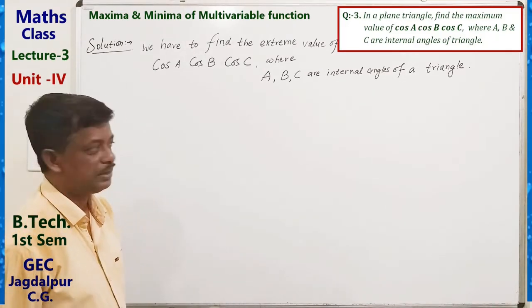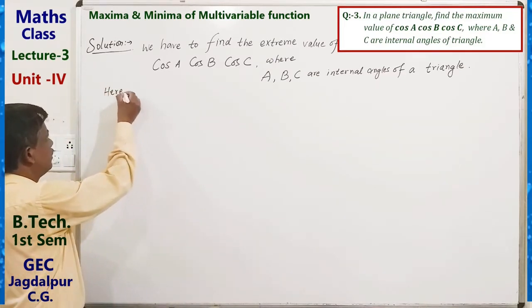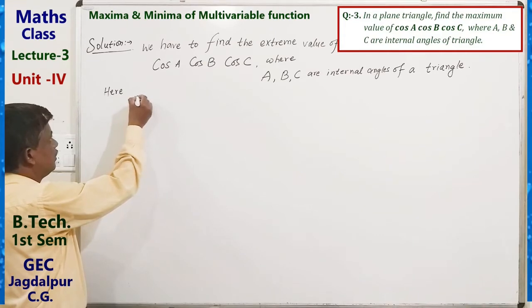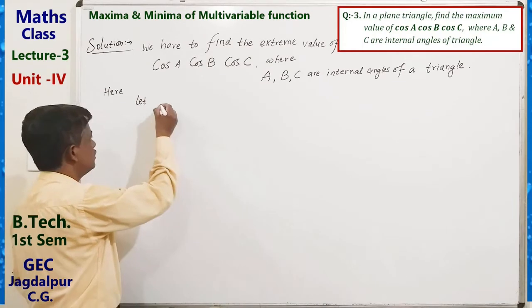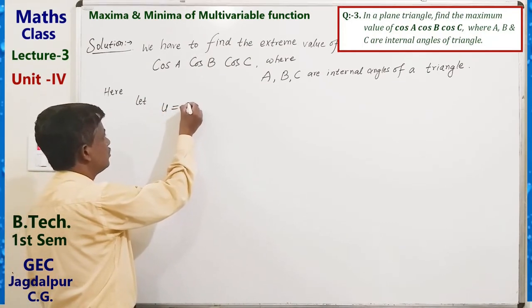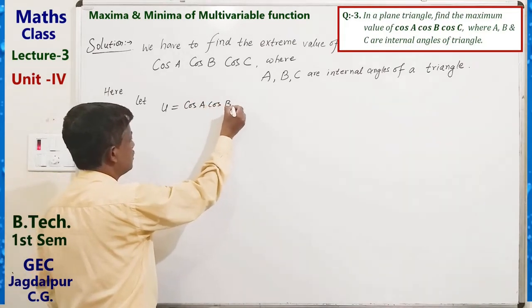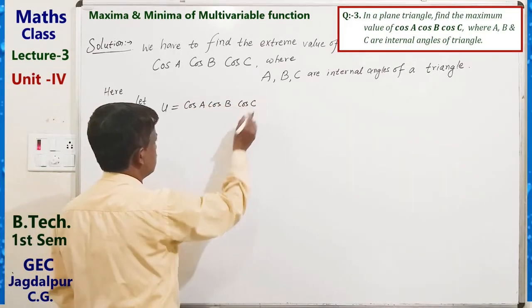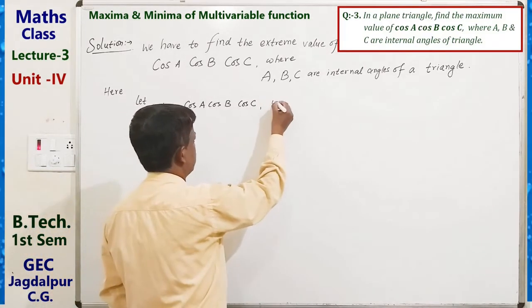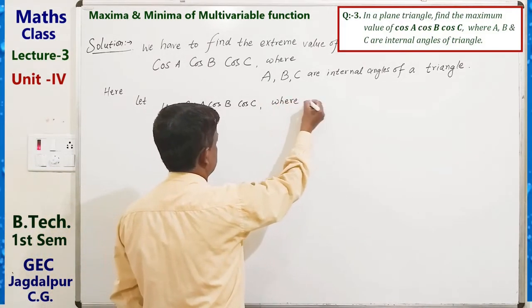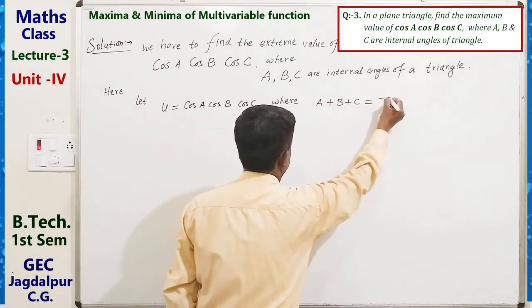Okay. Here let our function be u equals cos A cos B cos C, where A plus B plus C equals pi.